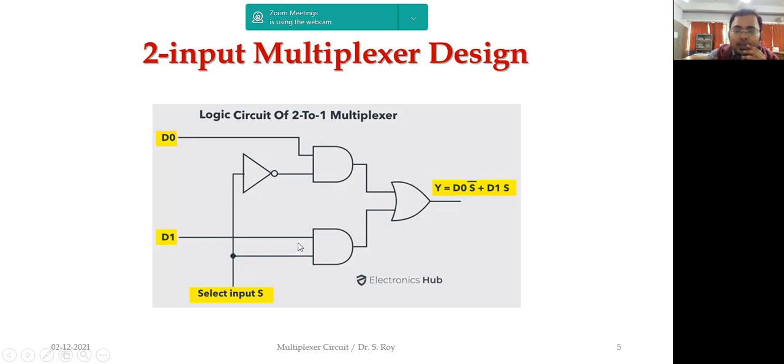So we eliminate the D1 part and connect the D0 part. Now the OR gate is there, and the truth table of the OR gate is 0 0 0, 0 1 1, 1 0 1, 1 1 1. One input is completely 0, so whatever this other input is, it will percolate to the output. So these connections look like a 2 to 1 multiplexer. It's a very simple one.